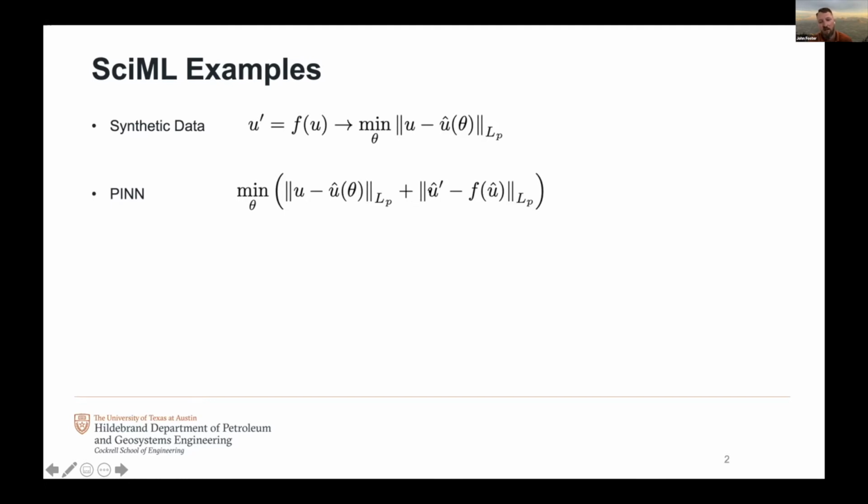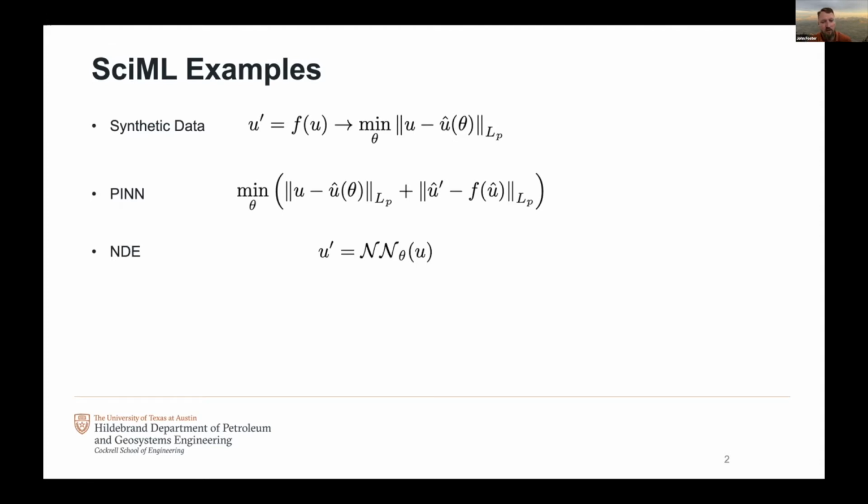So here we have a balance law represented by u prime, a time derivative, minus some function of u. I say time derivative, it could be a spatial derivative too, but basically some balance law that we're also going to include in the objective function, so that not only are we trying to find the parameters theta of the estimator that minimize this whole thing, but the objective function is regularized by the balance law, right? And when I say balance law, conservation of energy, mass, momentum, things we do in engineering.